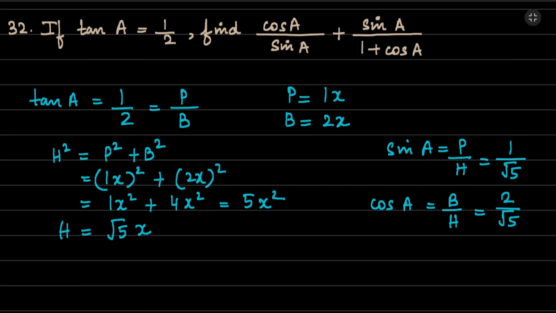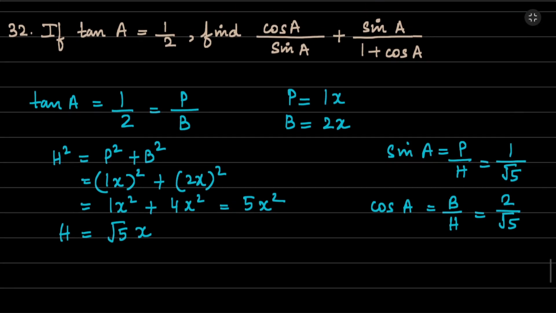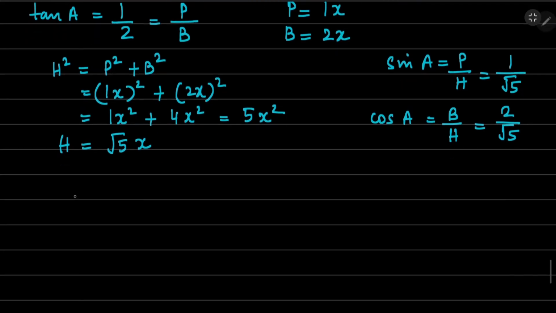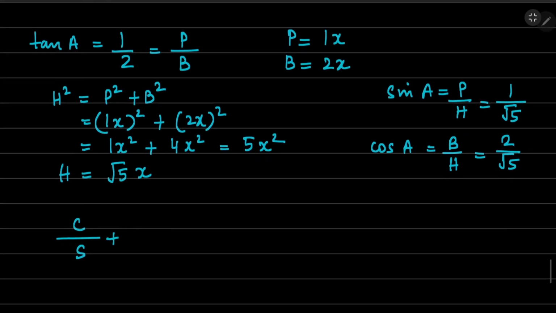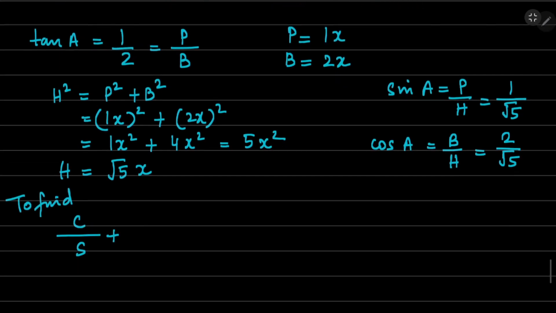But before we substitute the values, let us see if we are able to simplify it. What you have to find is cos by sine plus sine divided by 1 plus cos.